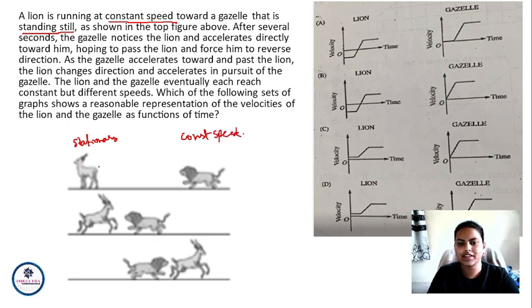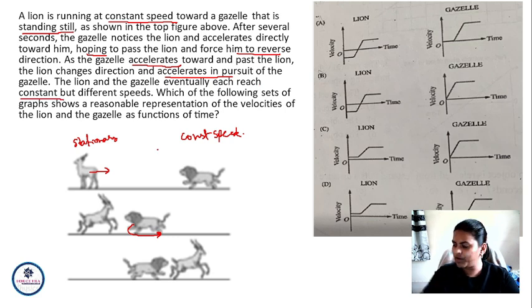After some seconds, the gazelle observes the lion coming towards him, so he starts running in this direction, hoping to pass the lion and force him to reverse direction. So the lion reverses the direction of his velocity and chases the gazelle. The gazelle accelerated towards and past the lion, and the lion changes direction and accelerates in pursuit of the gazelle. The lion and the gazelle eventually reach a constant speed, but different speeds.